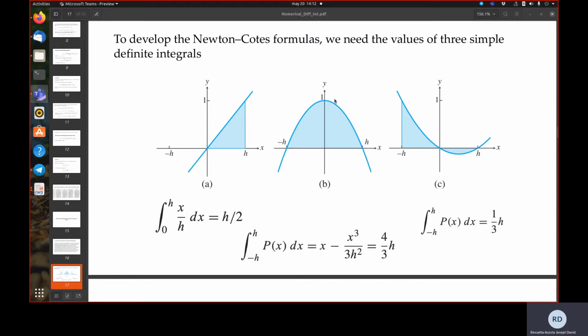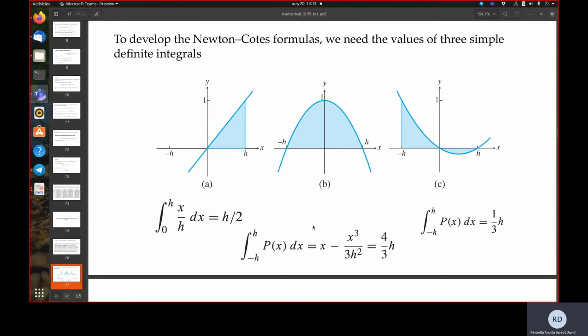In the second figure, we have a more complicated integral, but this is pretty much what we did before when we moved to a parabolic interpolation. Remember, we have 3 points where in general the width of the parabola depended on a certain width. In this case, the width is equal to minus h to h. So we have this width, and then we also have a height equal to 1.